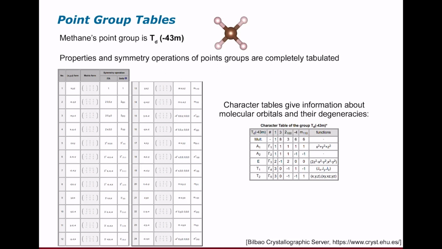Exactly. So there are two main naming conventions. This 4 bar 3m, the one on the right, is the so-called Hermann-Mauguin notation, I'm mispronouncing the name probably, that was developed by crystallographers. This is used more often in the solid state community, I think, especially people who do diffraction or first principles calculations. This T sub D is the so-called Schoenflies notation.